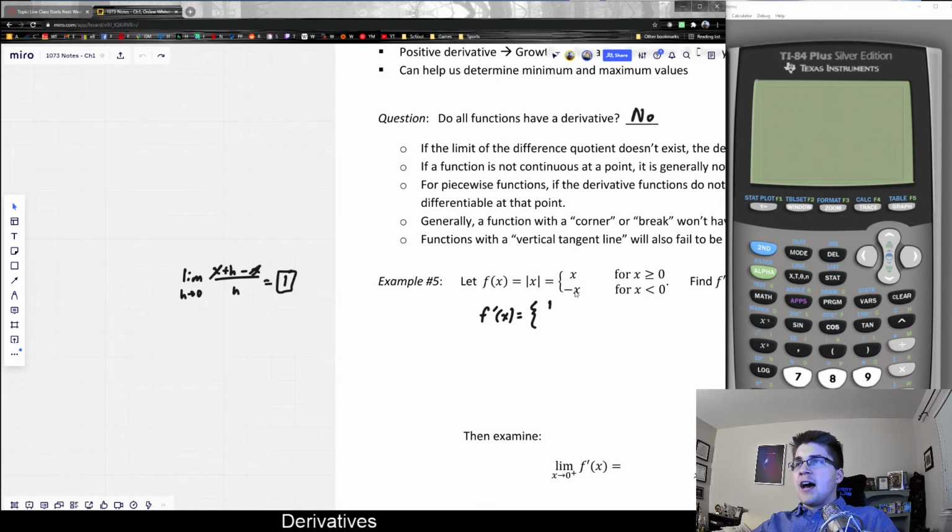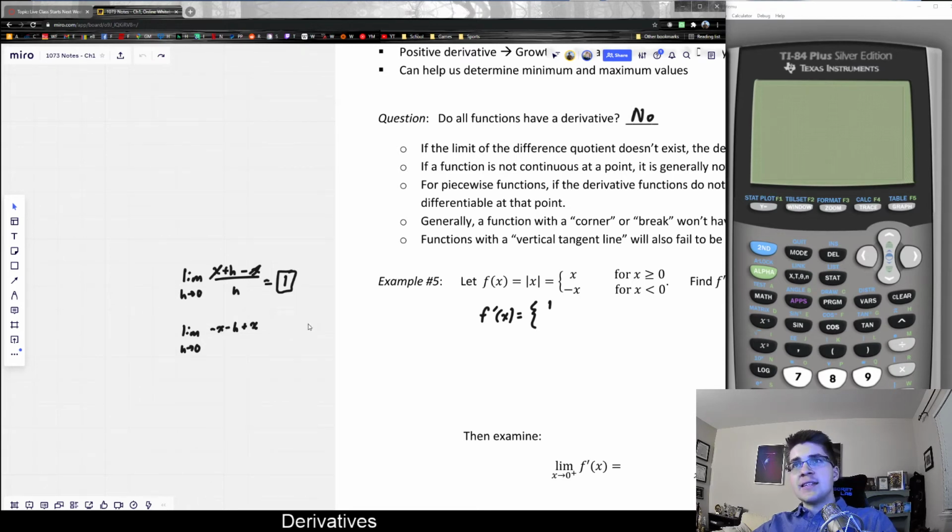Then on the bottom half, negative x, you could do the exact same thing: find the difference quotient and calculate its derivative. It would be negative x minus h plus x, because again, it's always f of x plus h minus f of x. If I plug in x plus h there, I would get negative the quantity x plus h, which distributes to negative x minus h.